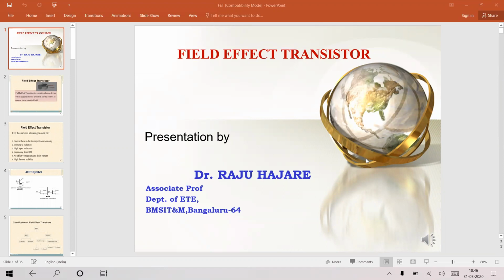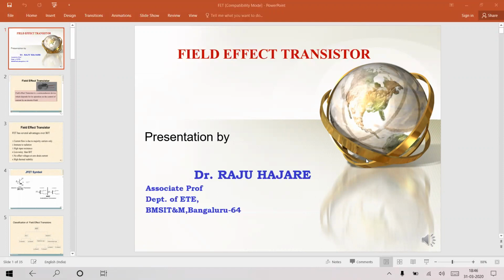Discuss field effect transistor. This is also a transistor. BJT is also a transistor, but BJT is a bipolar junction transistor. That is, the current conduction in BJT takes place because of two types of charge carriers, holes and electrons both take part in conduction of the current, but in FET it is only due to one type of charge carriers.